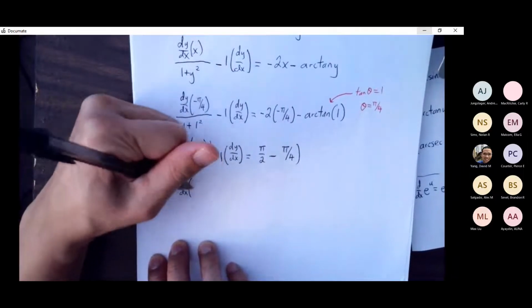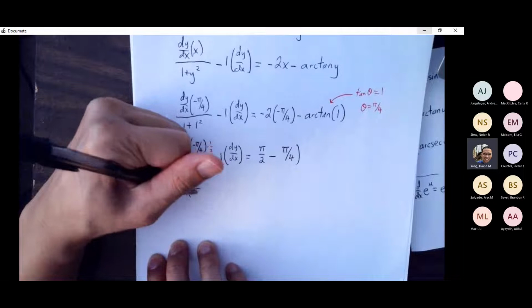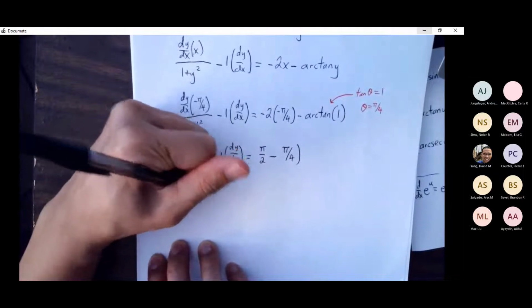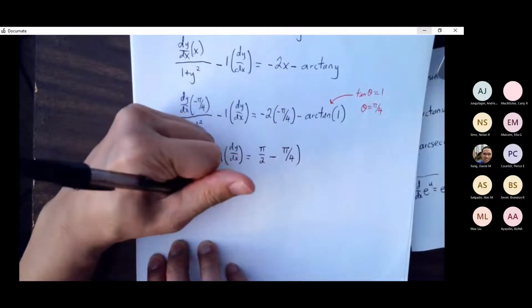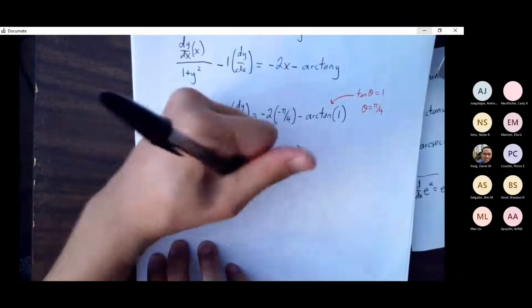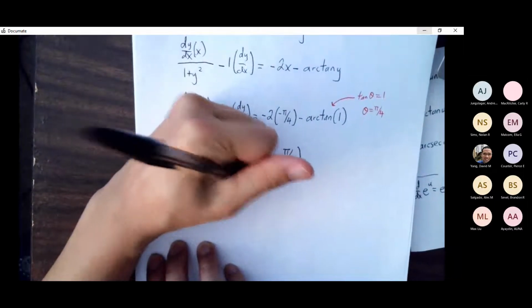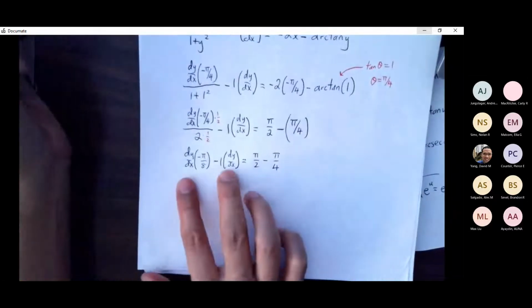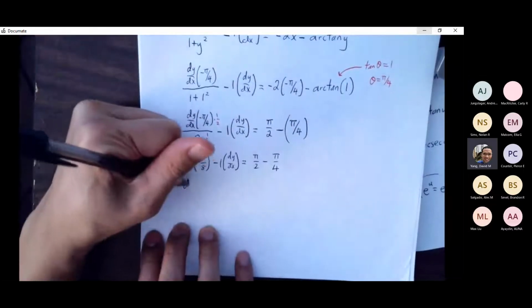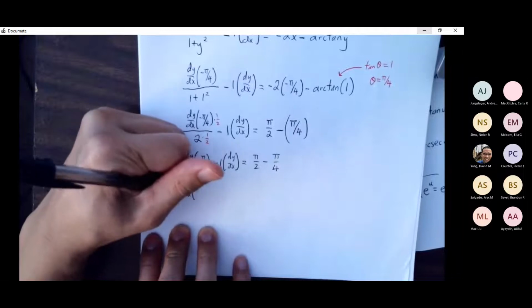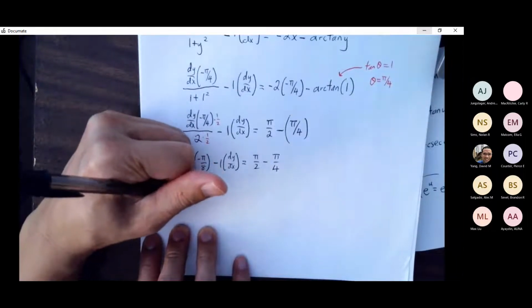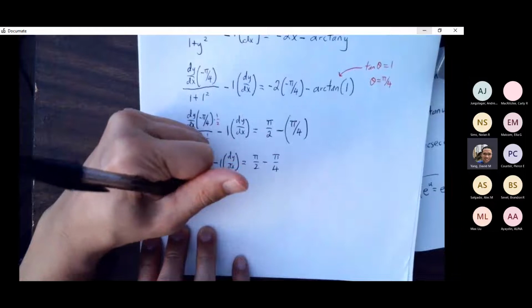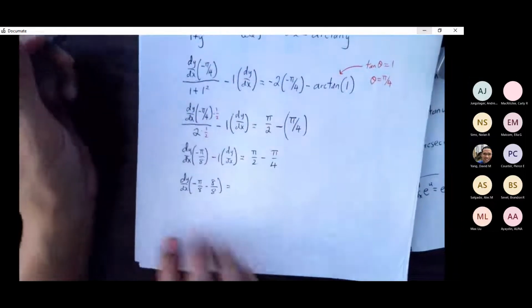Or negative pi over 8. Okay, so if I factor the dy dx out, I'm going to just match common denominators here.